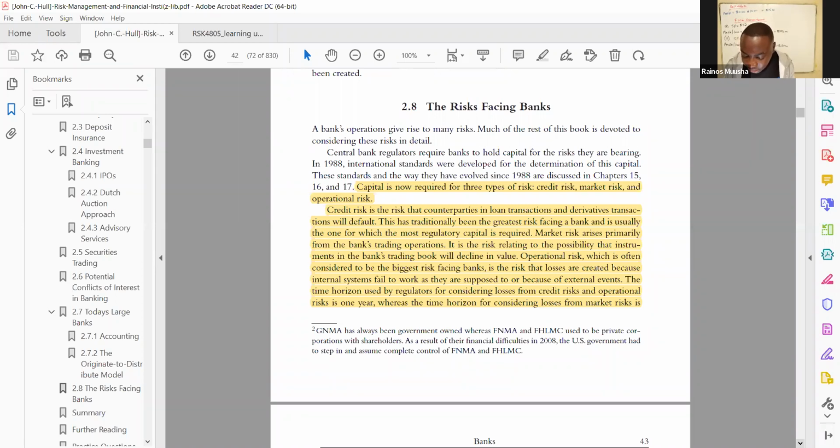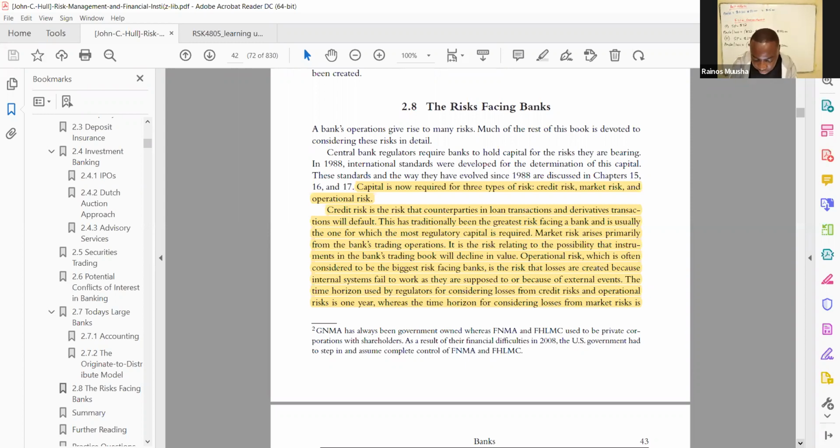It is the risk relating to the possibility that instruments in the bank's trading book will decline in value. Then operational risk, which is often considered to be the biggest risk facing banks, is the risk that losses are created because internal systems fail to work as they are supposed to, or because of external events.